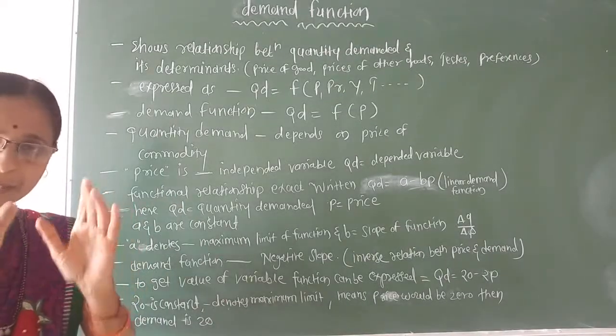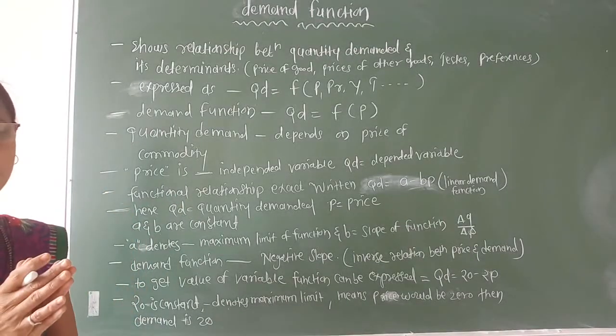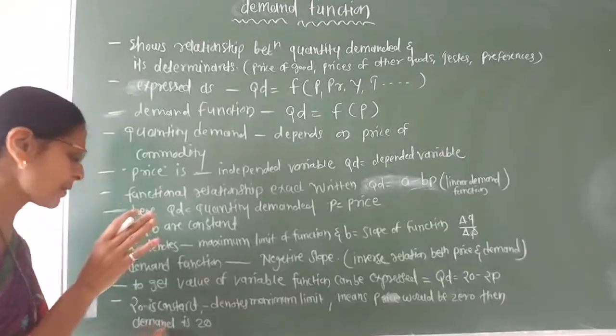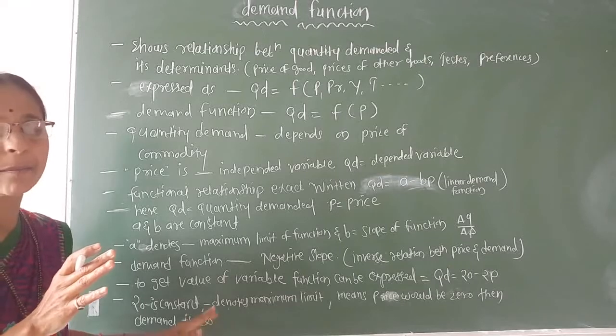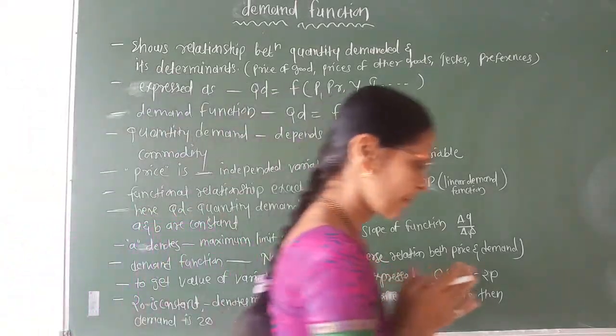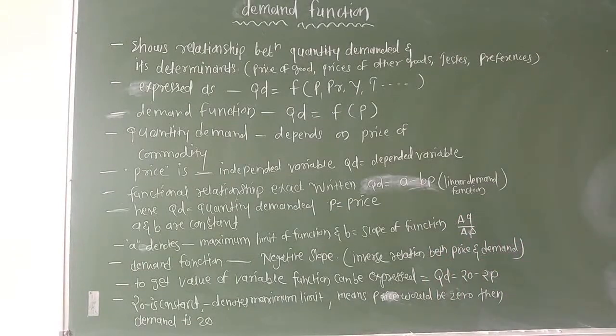Suppose the price of the commodity becomes 0, then the quantity demanded is 20, because 20 is a constant.